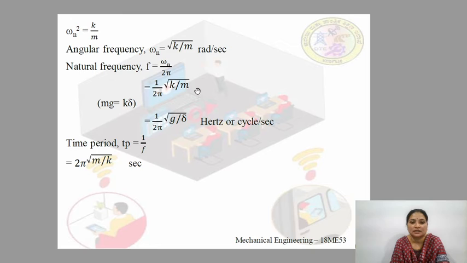In certain cases, both the formulas hold good. So 1 by 2 pi under the root k by m or 1 by 2 pi under the root g by delta. Both the equations are equal for natural frequency. Now, the unit of natural frequency is hertz or cycle per second.